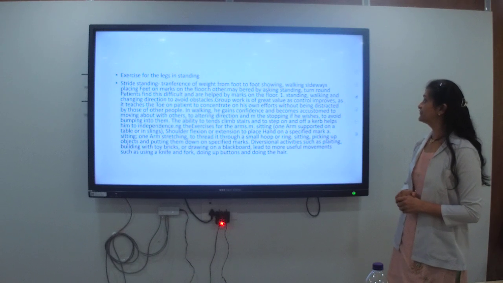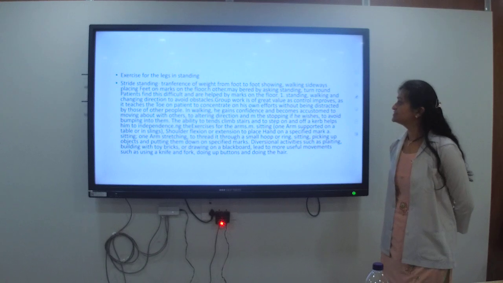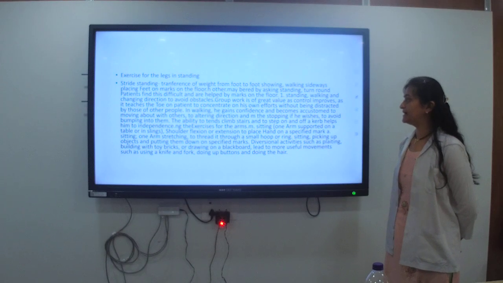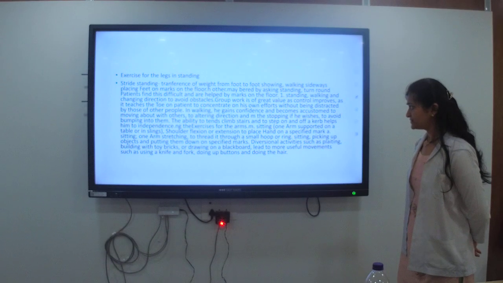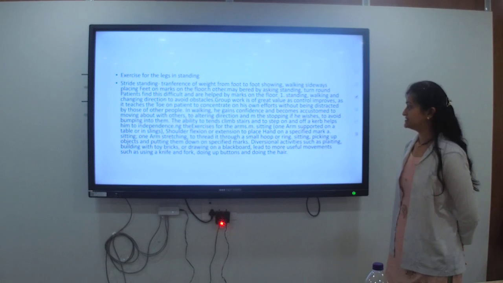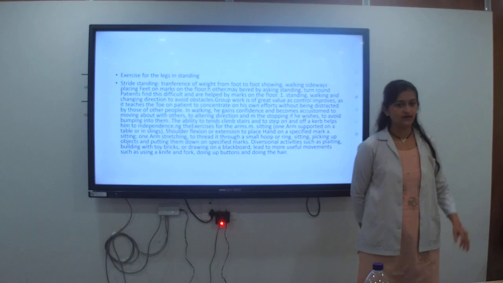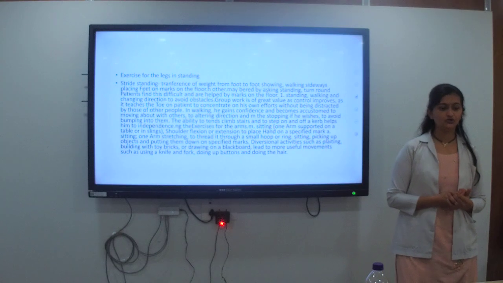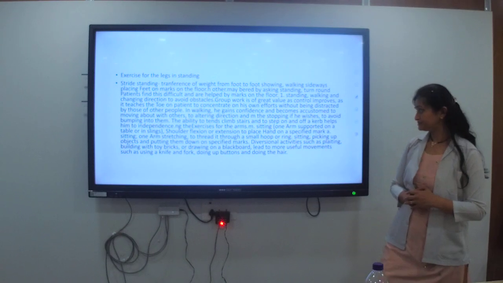Group work is of great value as control improves, and it teaches the patient to concentrate on his own efforts without being distracted by those of other people. The ability to climb stairs and to step on and off a curb helps him toward independence. So you can ask them to climb the steps, as much as is possible for the patient, and again ask them to come down.